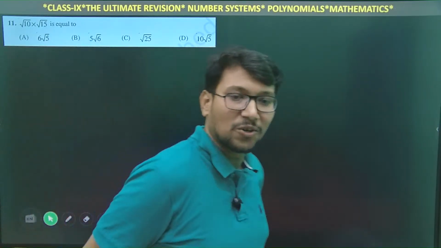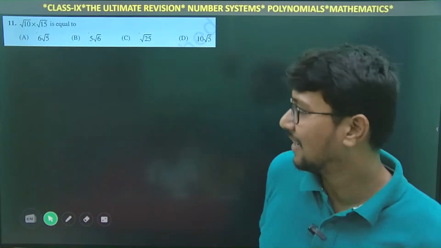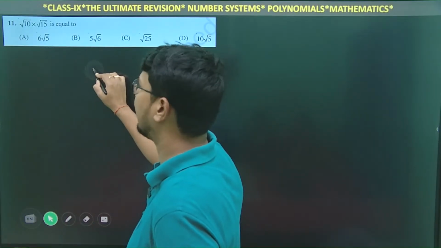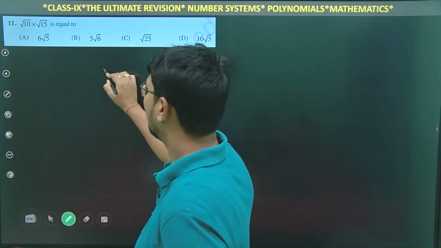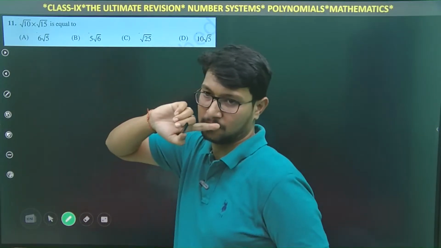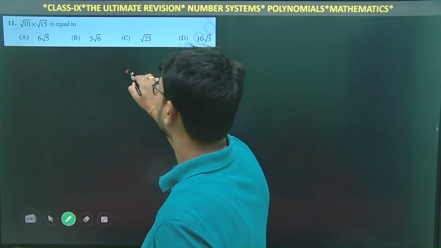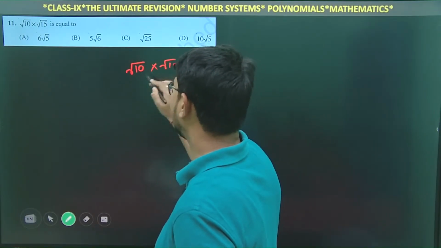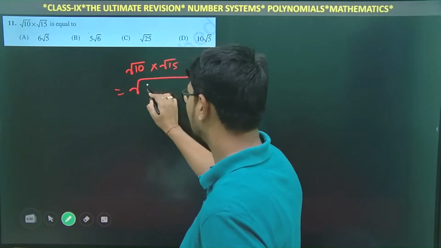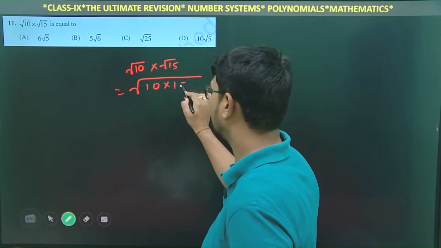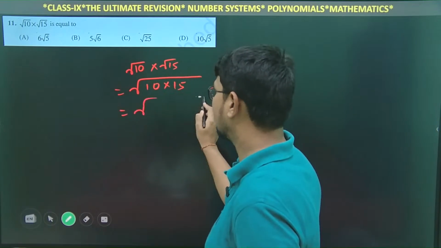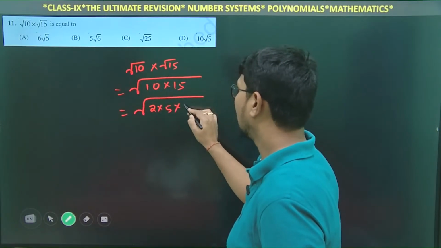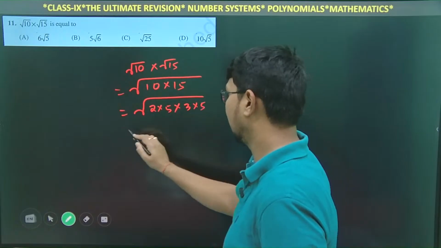So root 10 into root 15. How can we write? Who can say? First, root 10 into root 15 can be written as root of 10 into 15. Got it? Factorize: 2 into 5 into 5, right?